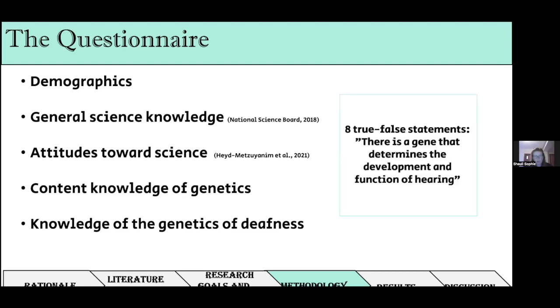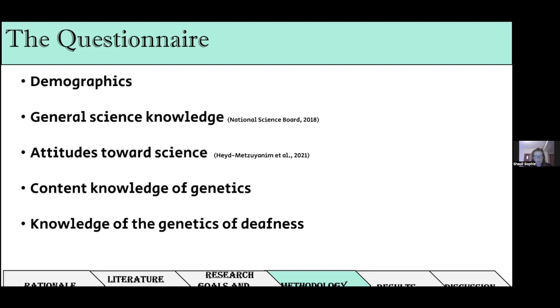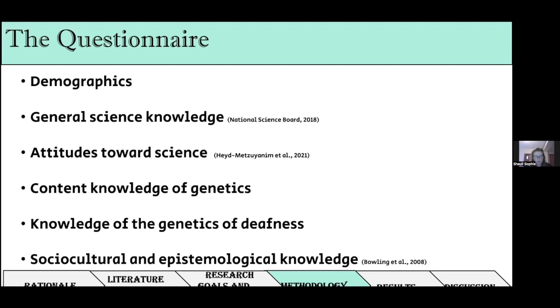There were 8 true-false statements, such as there is a gene that determines the development and the function of hearing. And the last part was social, cultural, and epistemological knowledge based on the Bowling and colleagues questionnaire. There were 6 statements rated on a Likert scale, such as scientific knowledge is true, accurate, and does not change over time.